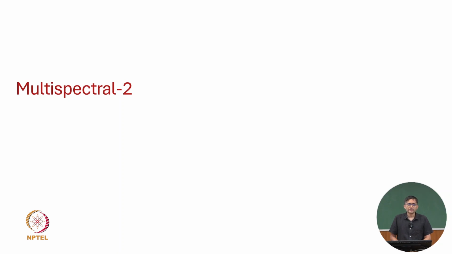In the last lecture, we have already discussed a few multispectral sensors such as Sentinel-2, Landsat 7, Landsat 8. We have seen how Landsat 7 existed much back in time, since 1999 or so, whereas Sentinel-2 is much more recent.